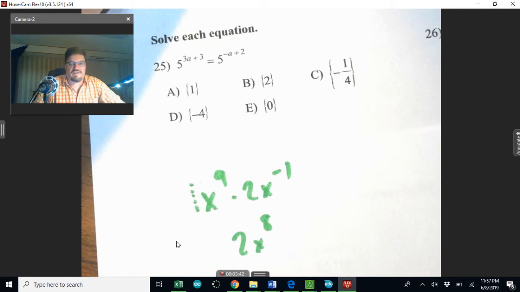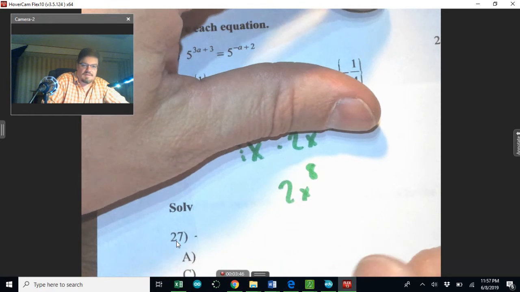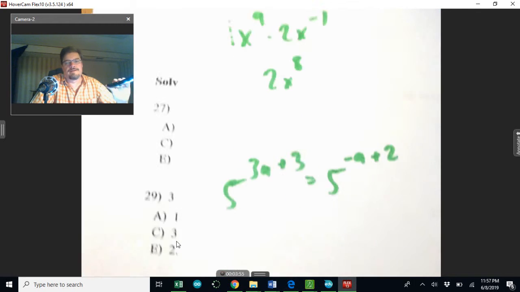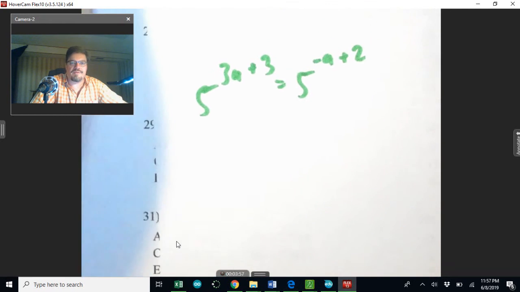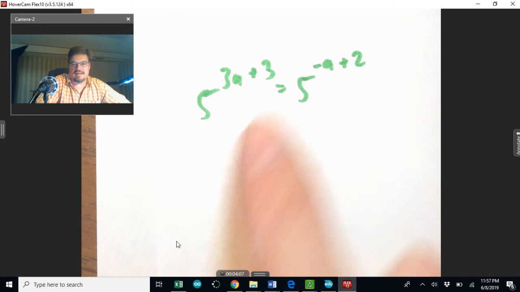Okay, 25. 5 to the 3a plus 3 equals 5 to the negative a plus 2. Now this is a really nice problem. You just have to be aware, because you almost want to take a log because you have the variables in the exponent.